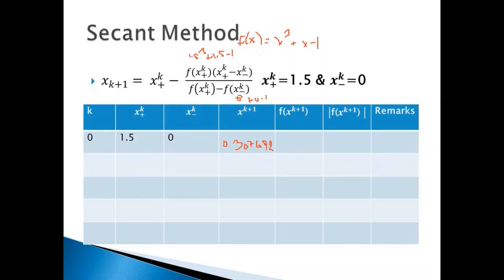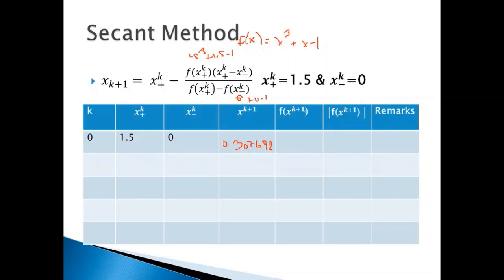Then this value is again substituted into the original function. Let me double check: 0.307692 cubed plus 0.307692 minus 1.